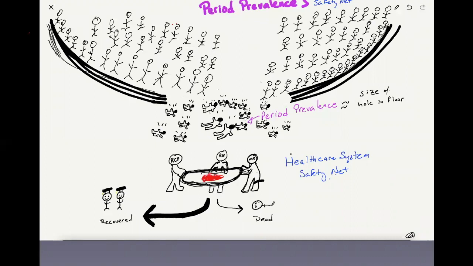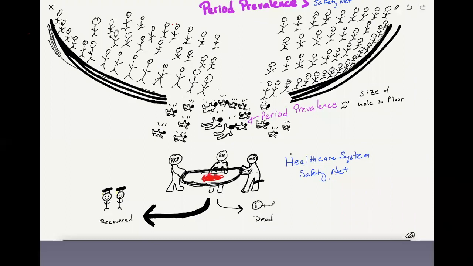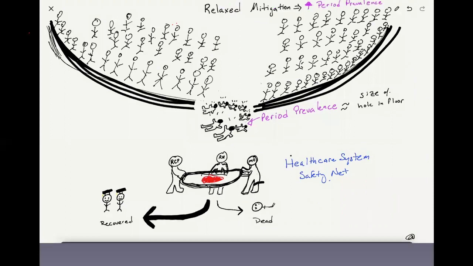And the hopes are that if we see this occur where the period prevalence increases and it's greater than the safety net, that we will be able to instigate mitigation strategies again that would return us to this ratio of matched patients to safety net. And the ability to move from here to here requires compliance, right?